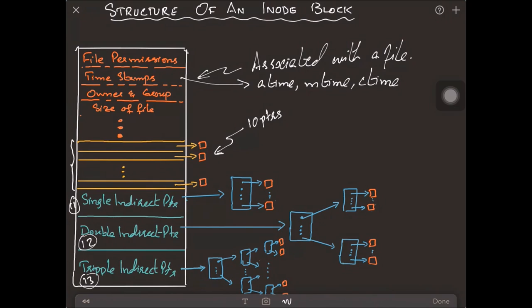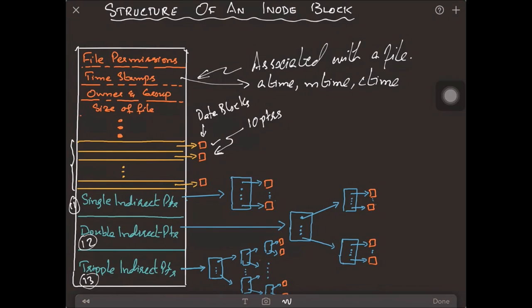So these 10 direct pointers point to 10 data blocks. These are the data blocks. If a file comprises only one data block, only one pointer is used, and if the file is large, it can occupy up to these 10 data blocks.